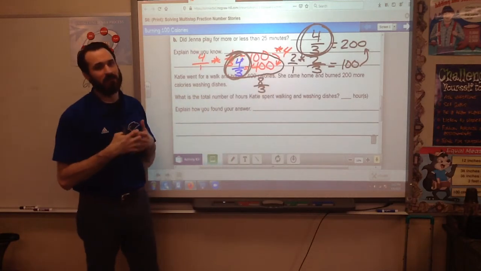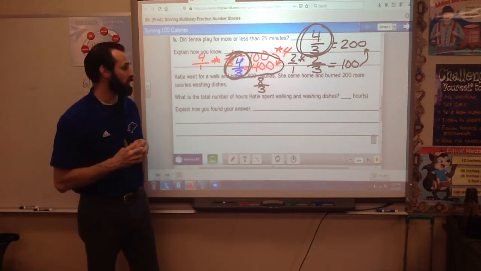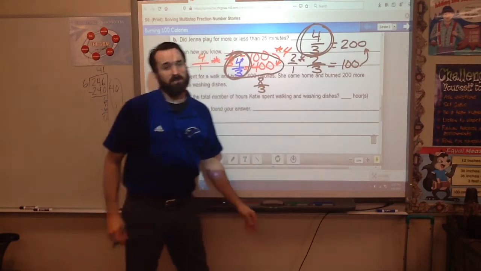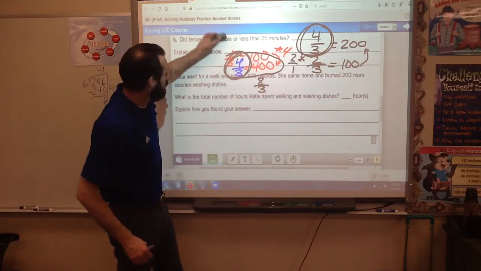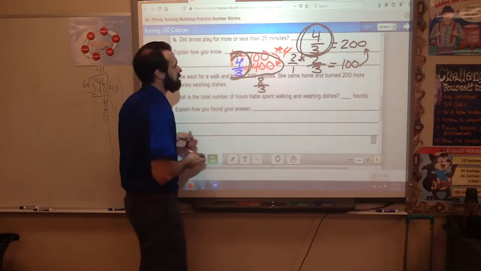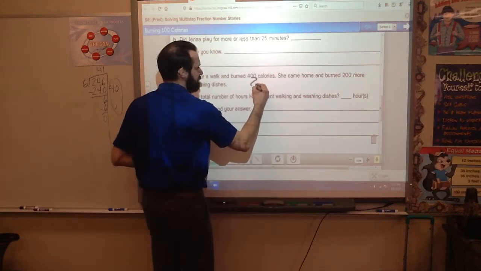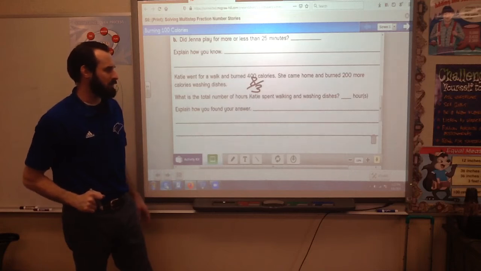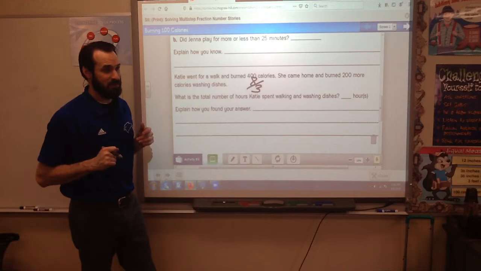Because we know when we add fractions, the denominator doesn't change. We're just adding the numerators. So hypothetically, you could put in 8/3 of an hour. But we know that we don't want to leave that as an improper fraction. I'll rewrite 8/3. We don't want to leave 8/3 as an improper fraction. We want to know how long they spent doing that.